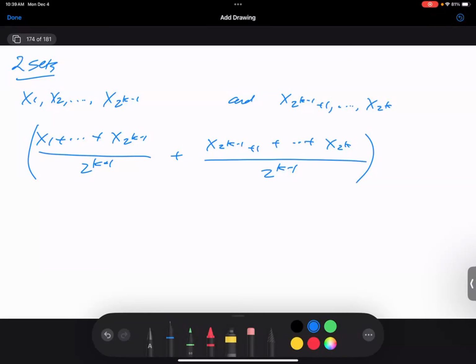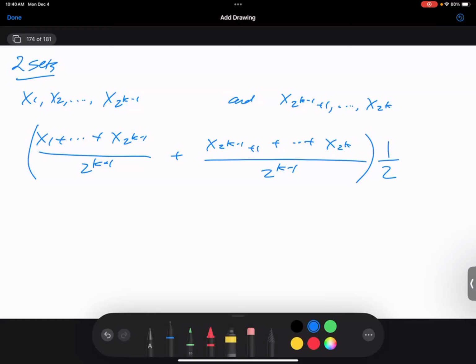So we want to multiply by 2? What do I want the denominator to be? I don't want to be dividing everything by 2 to the k minus 1. So what should I multiply this by? Not 2. If I multiply by 2, then the denominator is 2 to the k minus 2. 1 over 2. This is the expression I want to study.